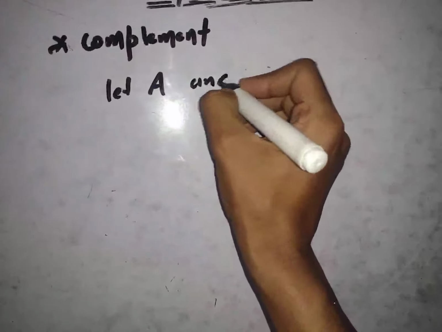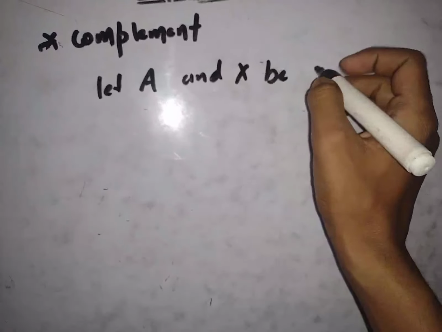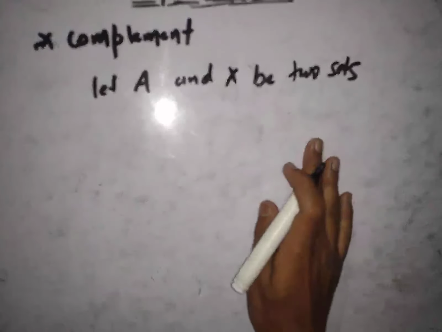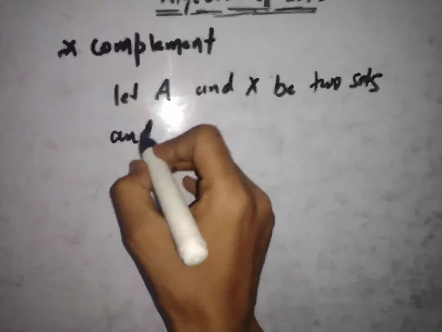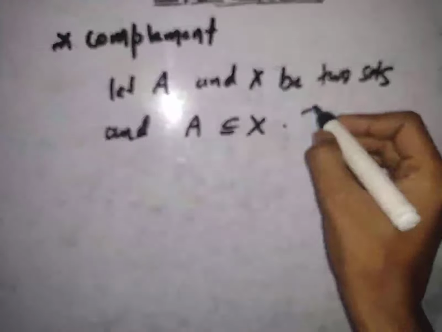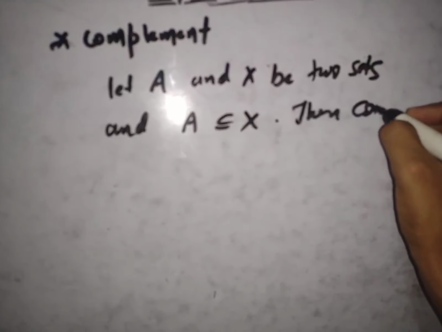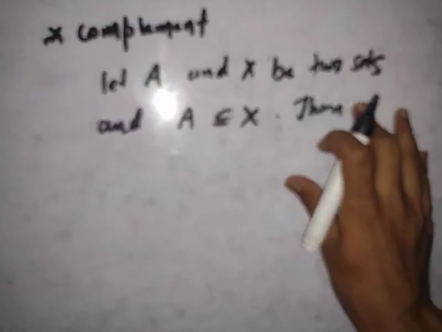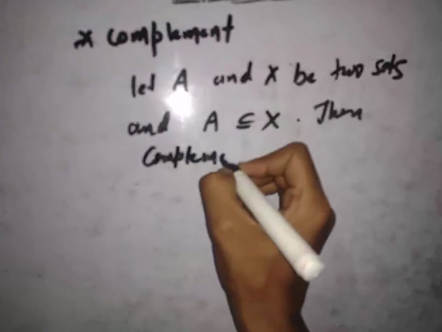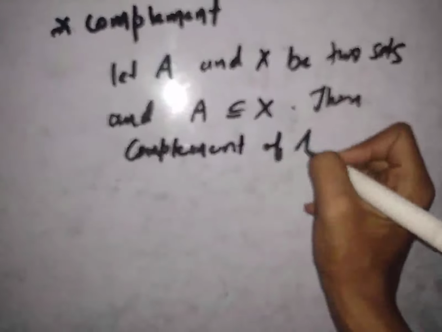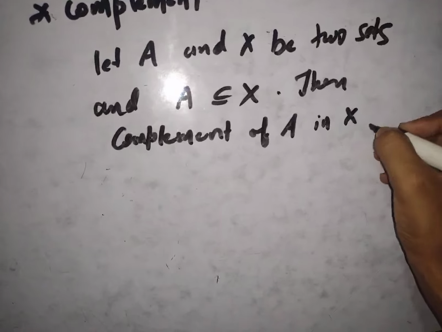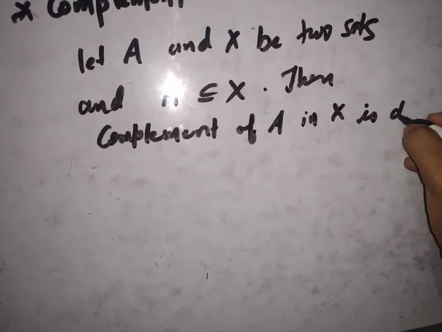Let A and X be two sets, and it is given that A is a subset of X. Then the complement of A in X is defined as this.